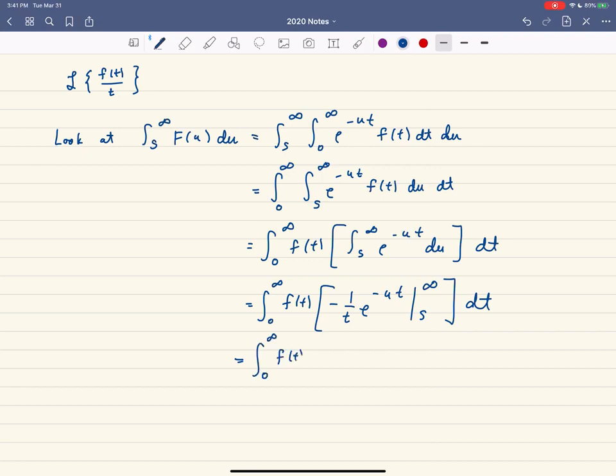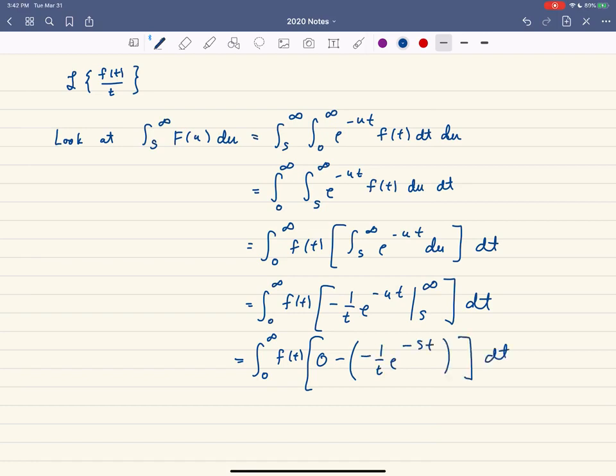And then we subtract what we got when we plug in u equals s. So that's going to be negative 1 over t, e to the negative st, and then we still have our dt.